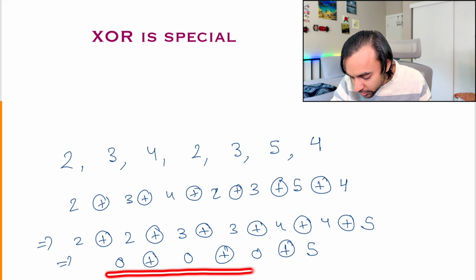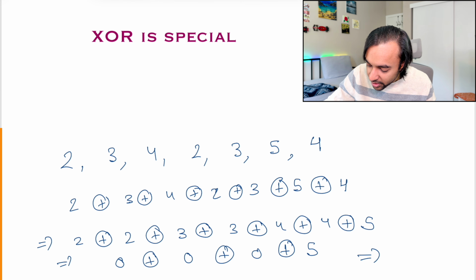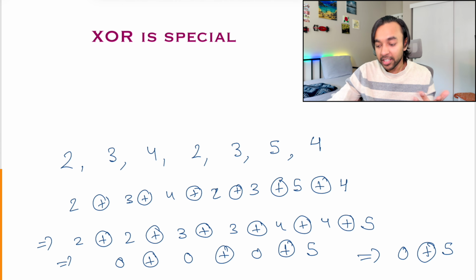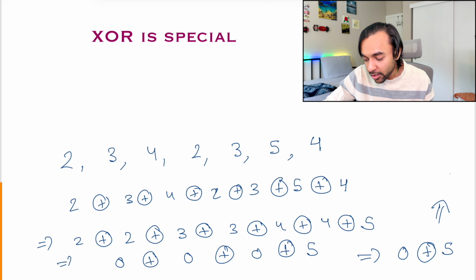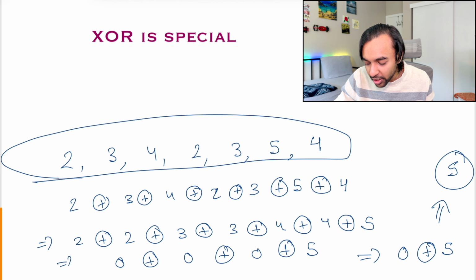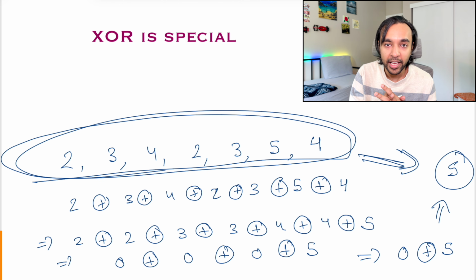When you do 0 XOR 0 XOR 0, once again you will get a 0. So all of this can just translate to 0 XOR 5. And any number XOR of 0, the result is the number itself. So I will get a 5. So what are we doing? We just XORed all of the numbers and I am getting whatever was the unique number in the array.